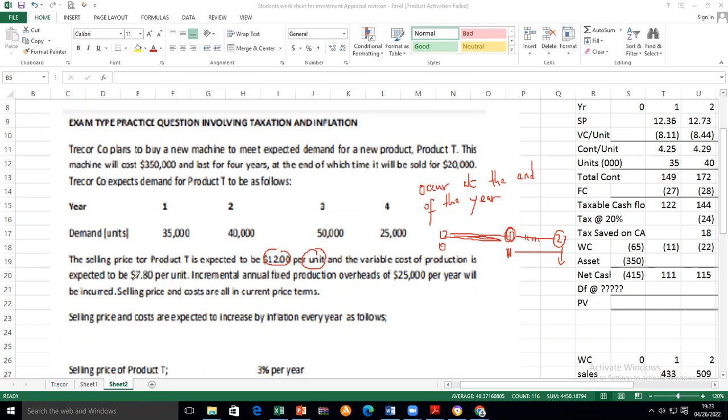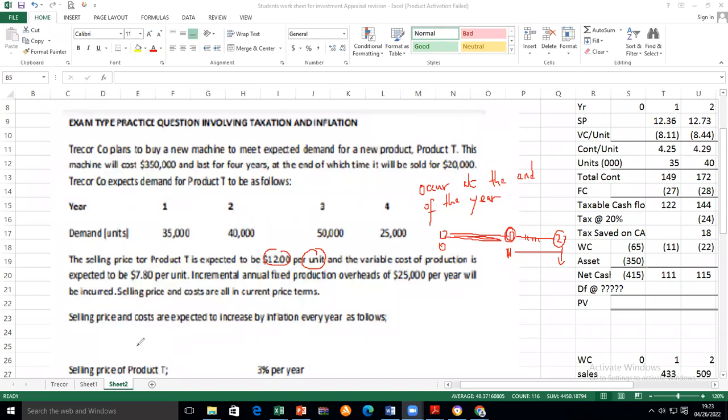So what we do is we take our selling prices and we say, what will it be at the end of the year? Now, some of you may have a question for me. In class, we covered 2 methods of dealing with inflation. Do you remember that? We said there are 2 methods.